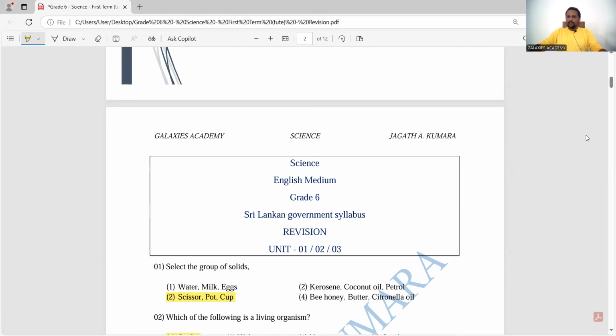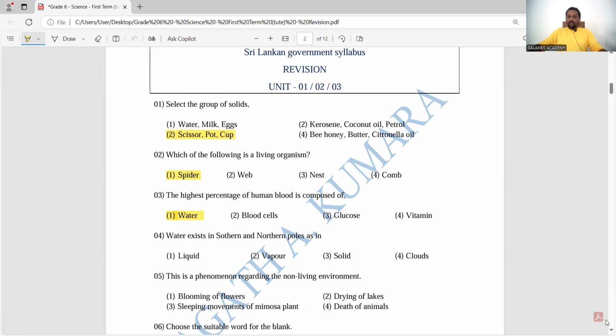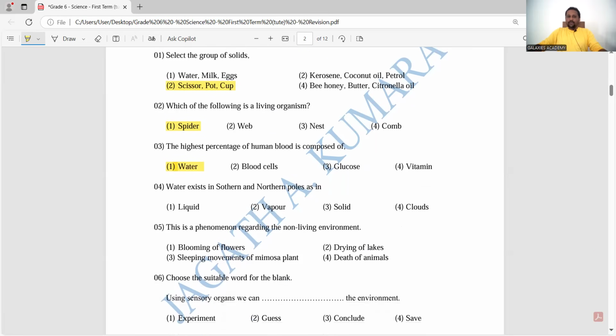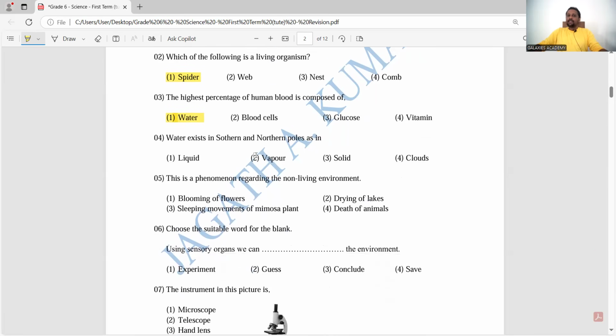Next question given, number 4. The fourth question given: water exists in southern and northern poles as in. What's the meaning of southern and northern pole? You know our planet. We live on Earth.